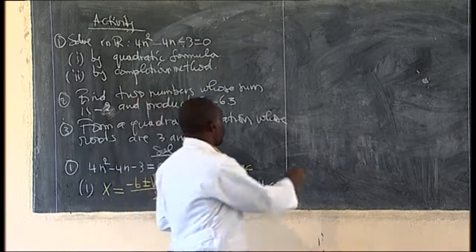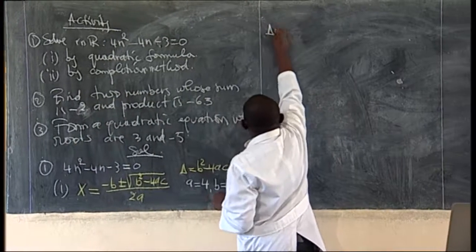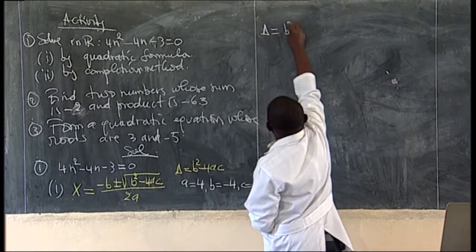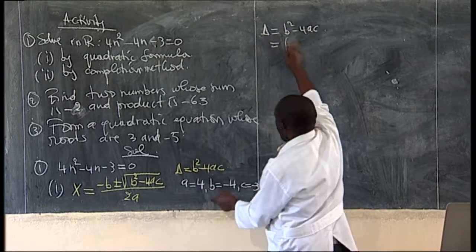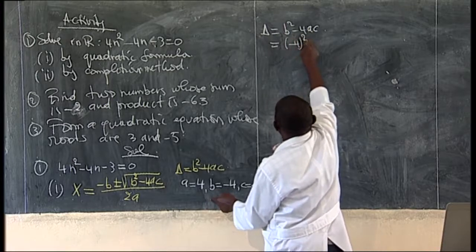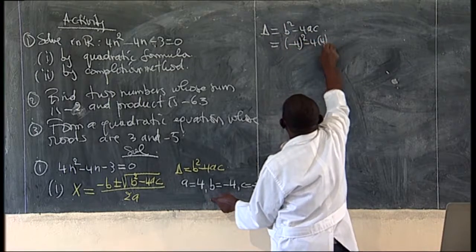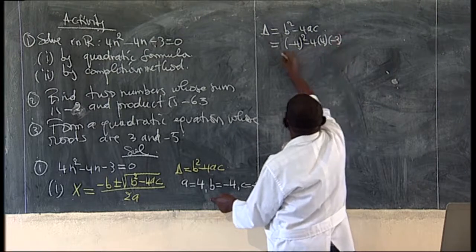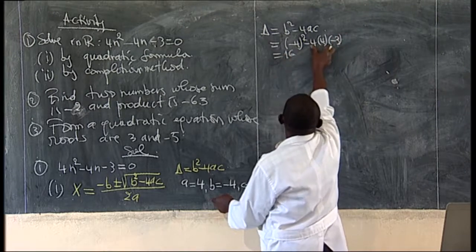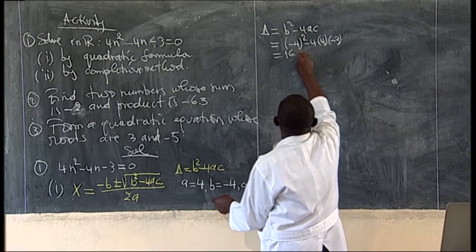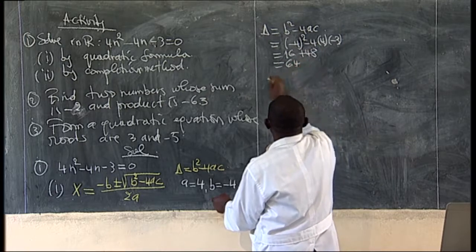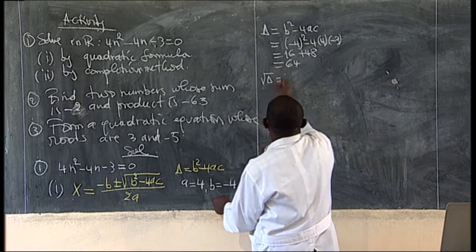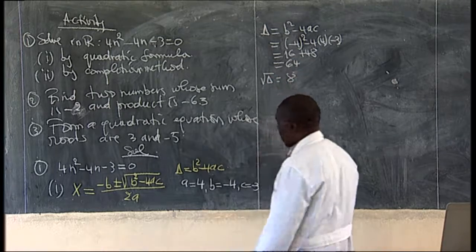So the discriminant is b squared minus 4ac, that is minus 4 squared minus 4 times 4 times minus 3. This is 16, 16 times 3 is 48, and you get 64. The square root of the discriminant, square root of 64, is 8.